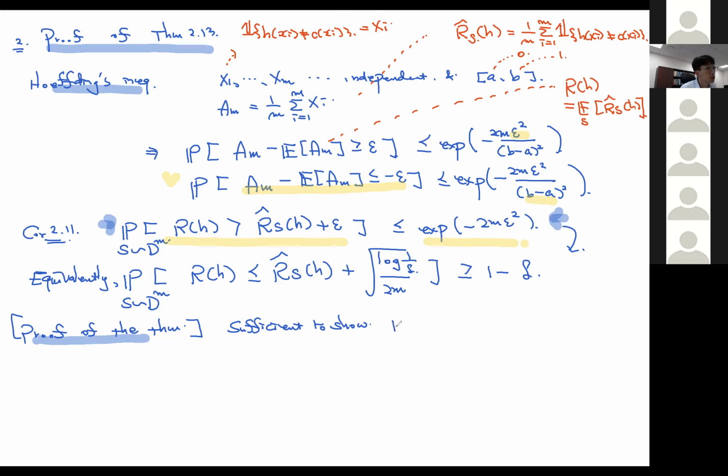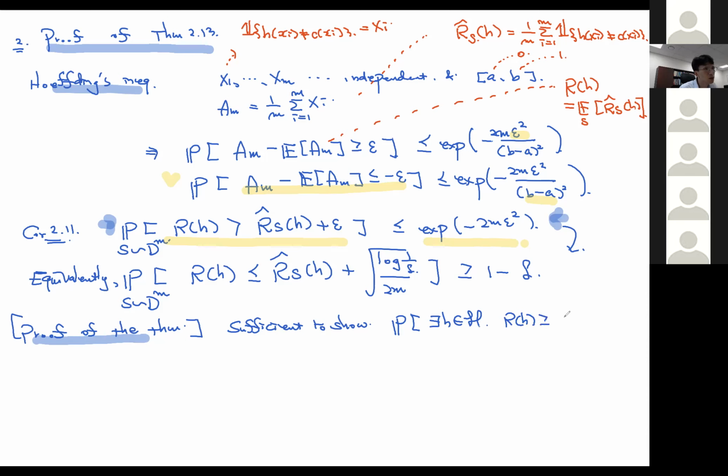So that's the negation, say, the probability that there exists a bad hypothesis, which means in our H there is a hypothesis h such that its risk is not bounded by the quantity that we want to use.